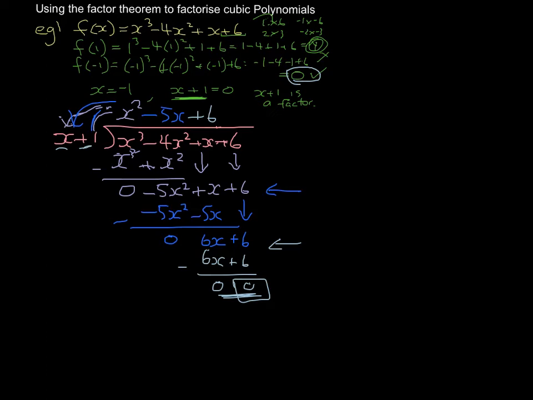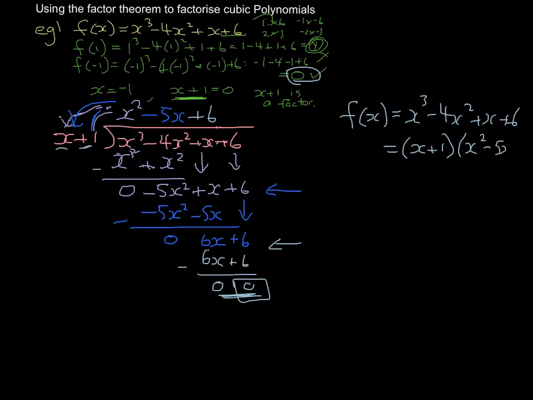So what that tells us with this particular question is that our original equation f of x, which was equal to x cubed, take 4x squared plus x plus 6, we divided by x plus 1, so that was our first factor, and the answer from up the top here becomes our second bracket, or second factor here, which at this stage we can call a quadratic factor.